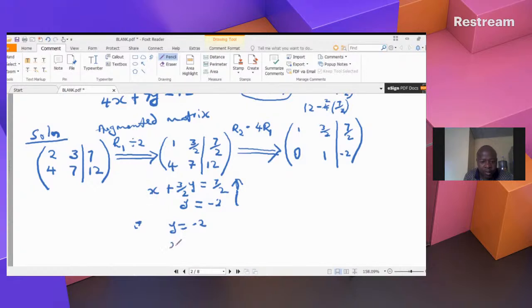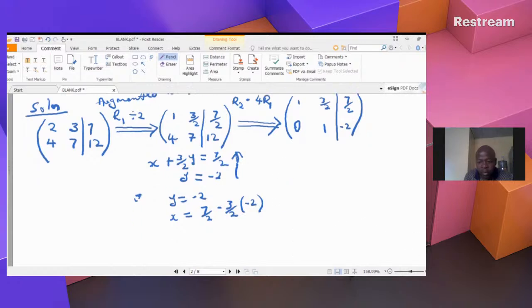So what does the first equation imply? The first equation implies that x is 7 out of 2 minus 3 out of 2y. But our y is negative 2. So if our y is negative 2, you see that this 2 and this negative 2 give us negative 1 here.